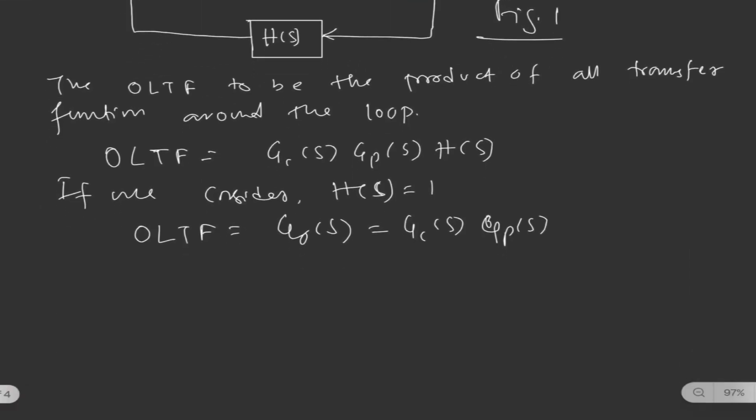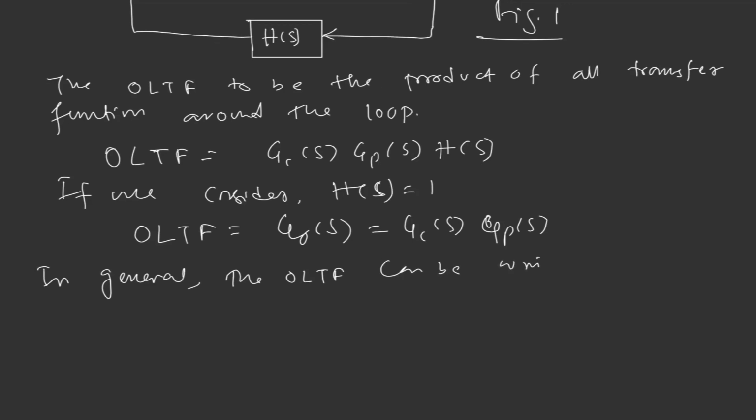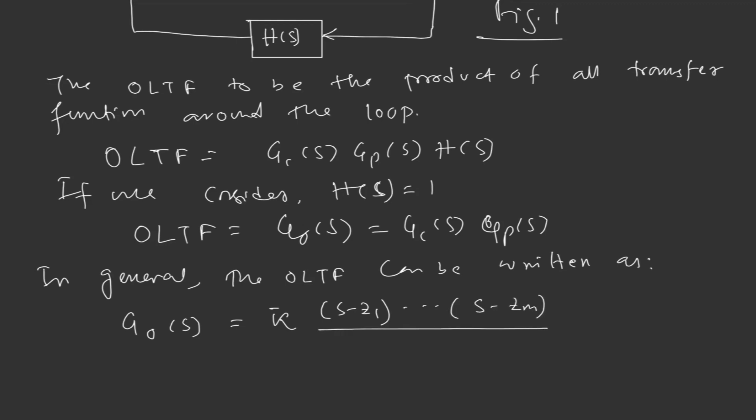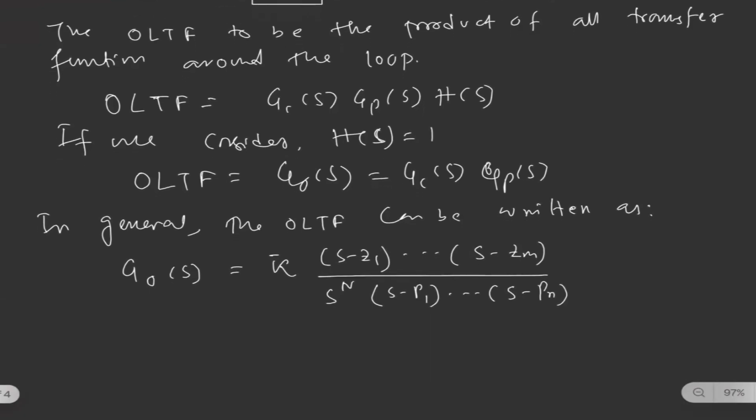Now, in general, the OLTF G naught S can be written as K bar (S minus Z1) ... (S minus Zm) over S to the power n (S minus P1) ... (S minus Pn), where Zi are zeros and Pi are poles.